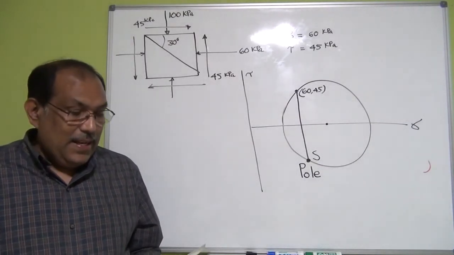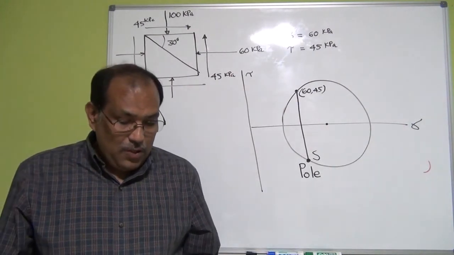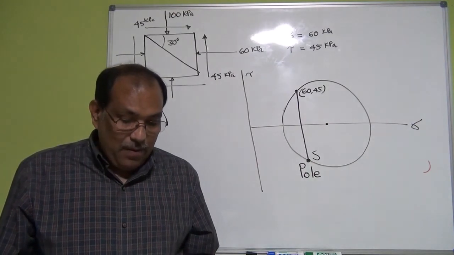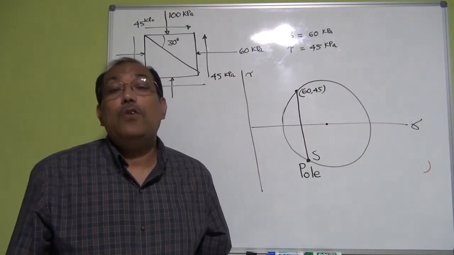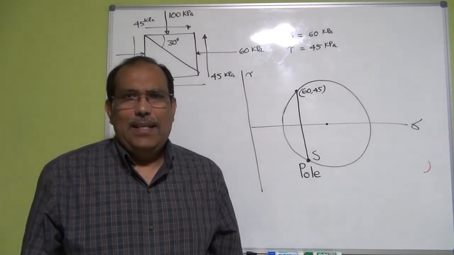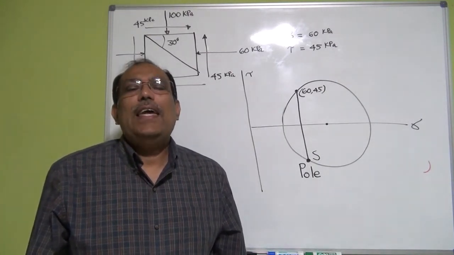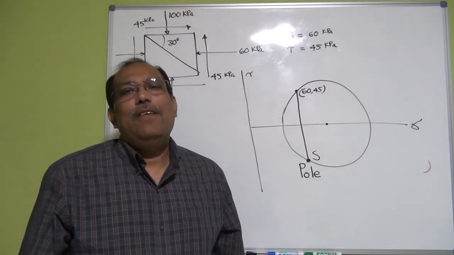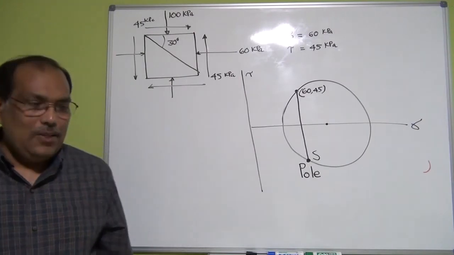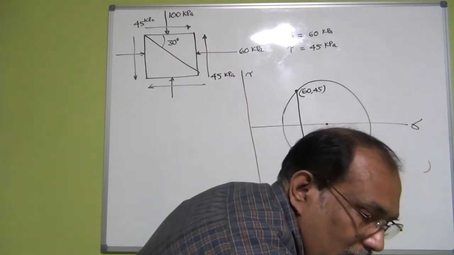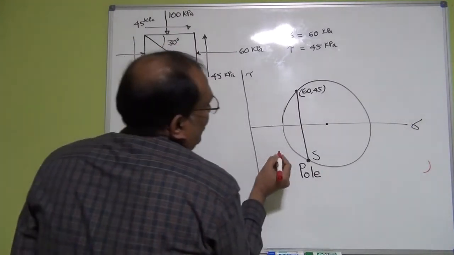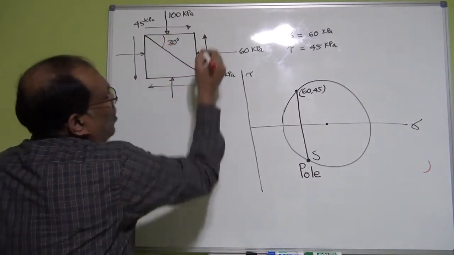Okay. Now, problem number 5 asks for the shear stress at plane AB from the pole method. If you want to find the stress at any plane, you draw a line parallel to that plane from your pole here. Okay, so here you have to draw a line that is 30 degrees with the horizontal.